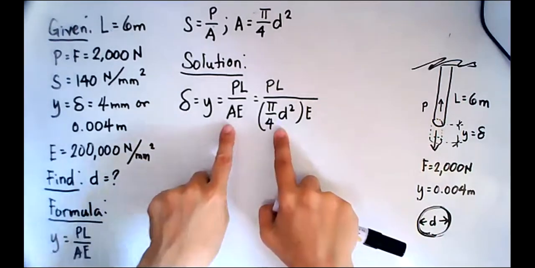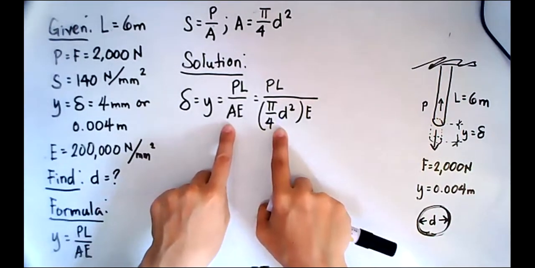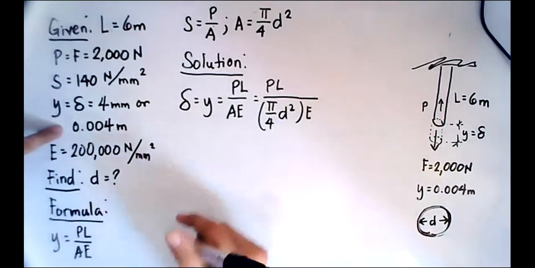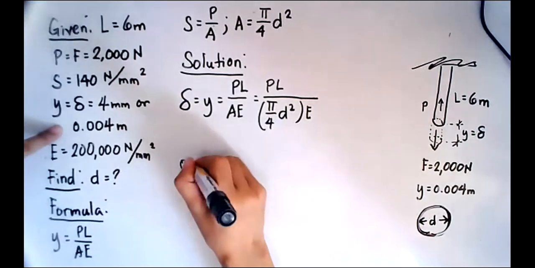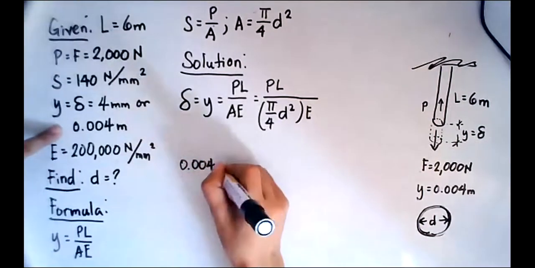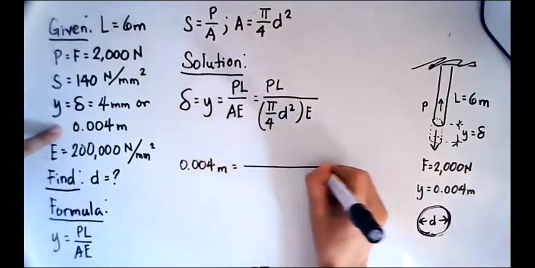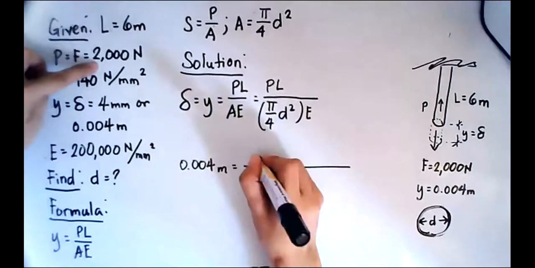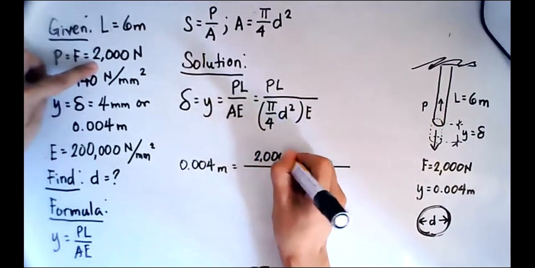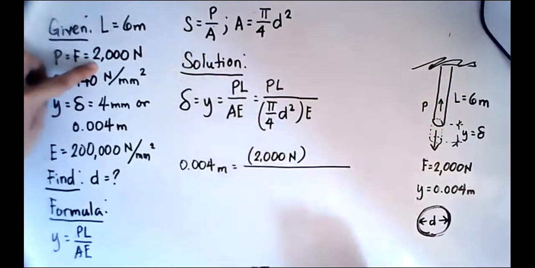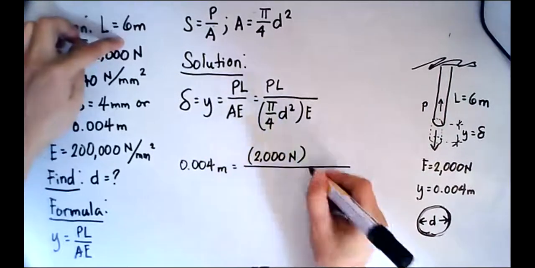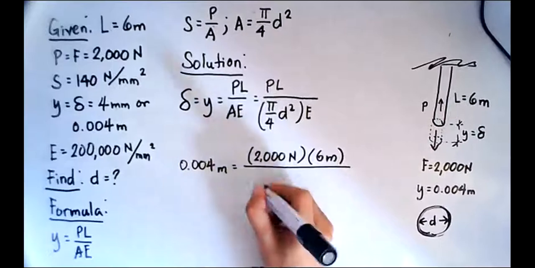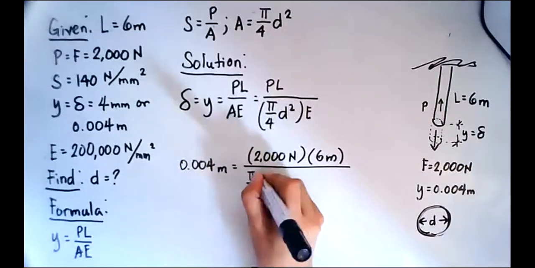Ito, area natin, formula for the area is pi D squared over 4. So, we are going to substitute. Take note the value for y is 0.004, unit is in meters. And that's equals to P. P is 2,000 Newton. And the value for L is 6 meters. Okay. And then you have pi over 4. That's a constant value.